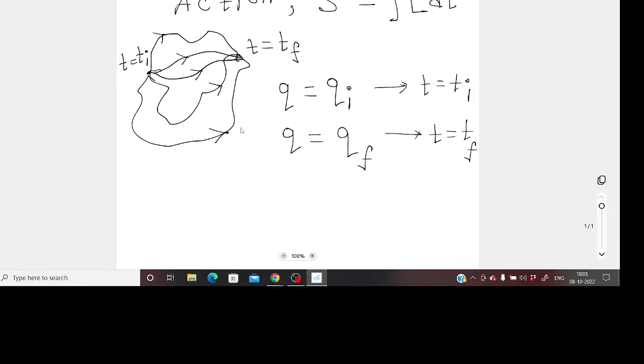Now you have to make this action extremum. What does this mean? So you have to consider the configuration or the path for which the action is extremum. So you have to do this.